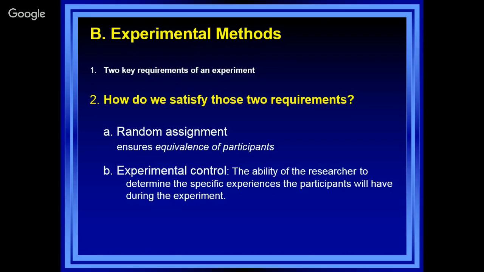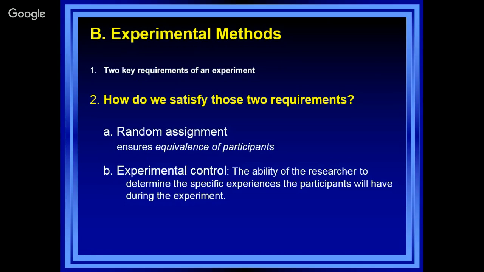You want as much experimental control as possible, so you can really determine the specific experience that all of the participants have. No matter what group they're in, you want to control everything they're exposed to and what they do all the way, so that if there's a difference ultimately, you know it was due to that one thing that you did tweak.